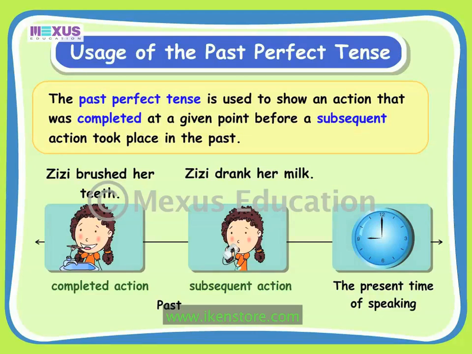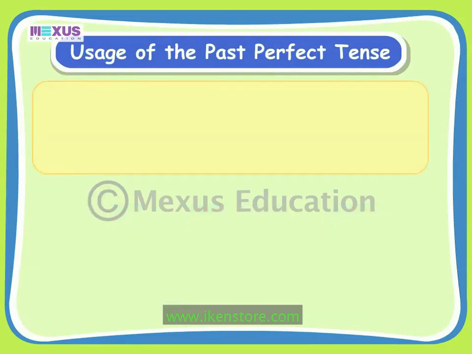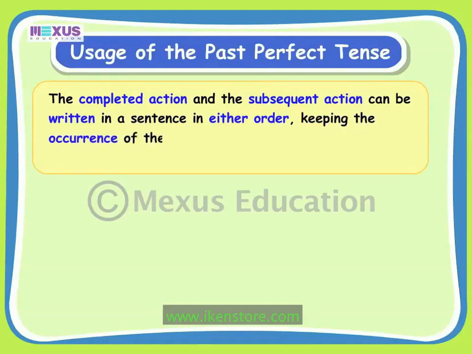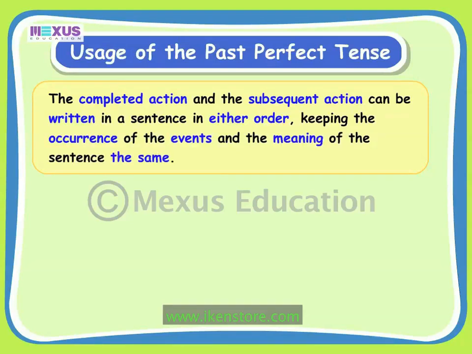Therefore, we can say that Zizi had brushed her teeth before she drank her milk. Do remember that the completed action and the subsequent action can be written in a sentence in either order, keeping the occurrence of the events and the meaning of the sentence the same.